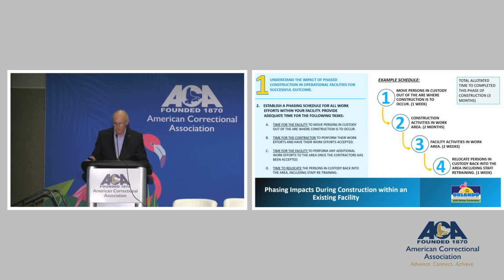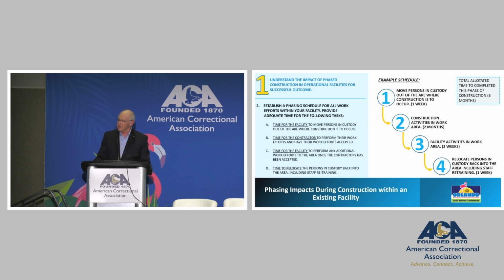The next thing it's always good to do is, during your process, have a schedule so that everybody knows what's going on in the facility. For the first example, we're looking at a phased process for the duration. This would be just for phase 1A, we'll say. Move the people in custody out of the facility, out of the construction area, and for this we're going to allow basically 1 week.